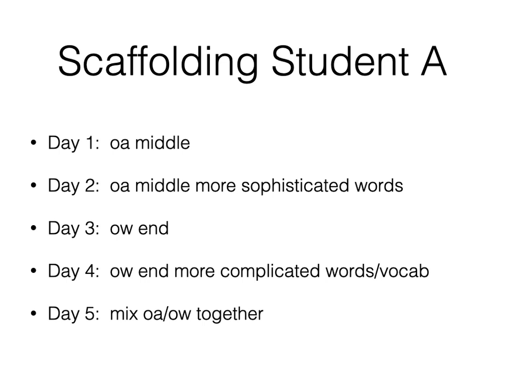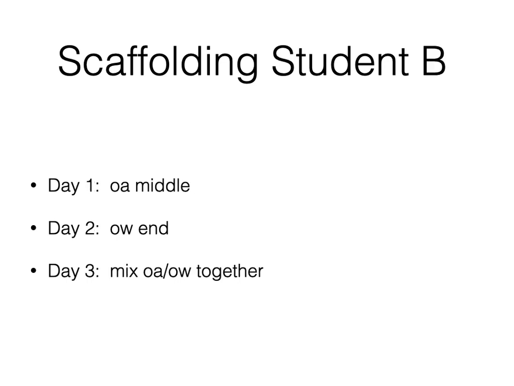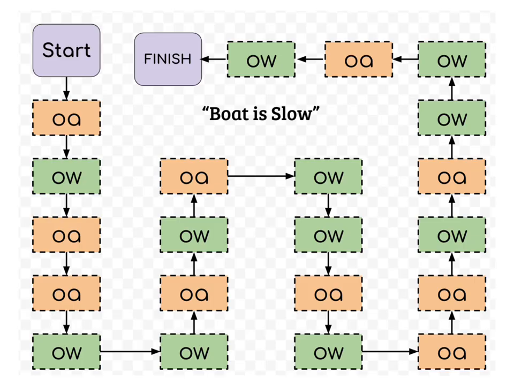You may even have 2-syllable words that incorporate that OA, if your students know how to divide words into syllables. Then you may spend 2 days more on OW before mixing them together. Conversely, student B might progress at a much faster rate, and so you may only need to spend a day on OA, a day on OW, and then 1 day with them mixed together.